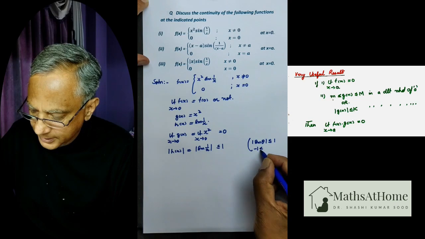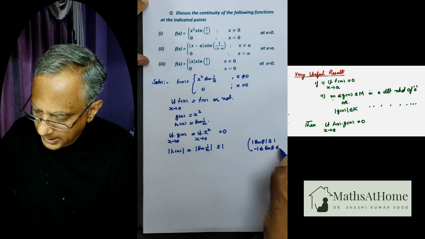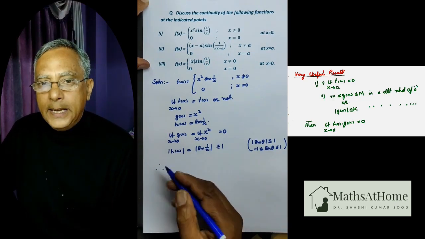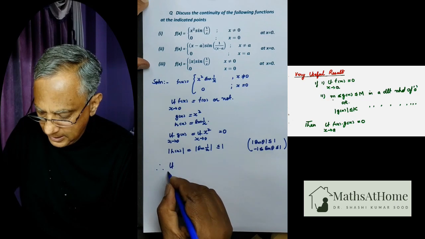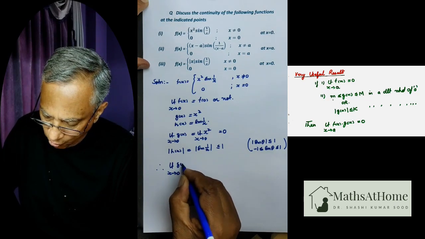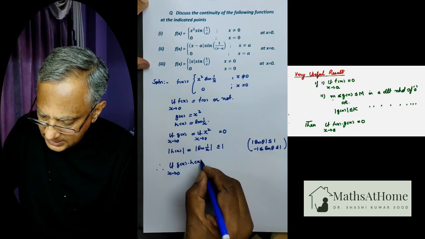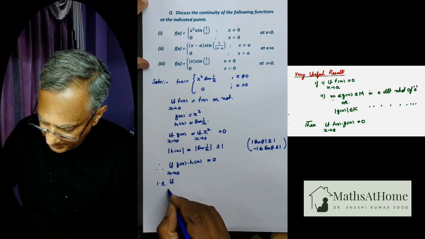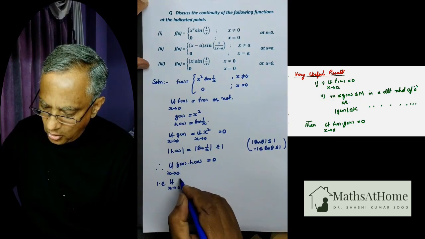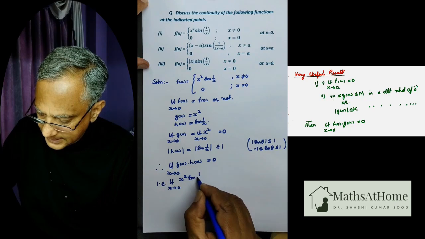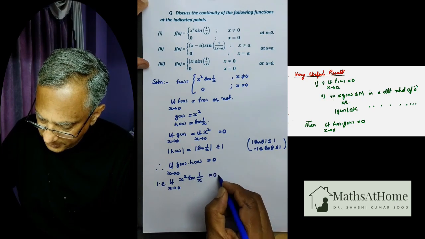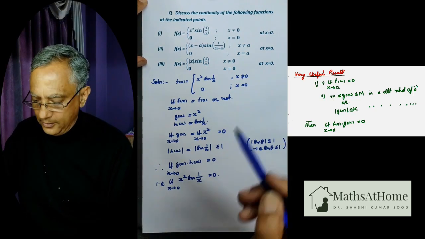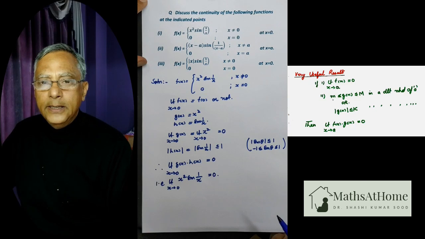That is, the values of sine theta always lie between -1 and plus 1. So this is bounded. Therefore, we apply the result we have already discussed, and the limit as x approaches 0 of g(x) into h(x) will be equal to 0. That is, the limit as x approaches 0 of x square sine 1 by x will be equal to 0. So we have applied this result and found that this limit will be 0.